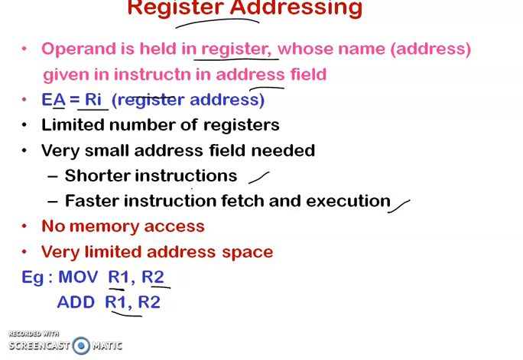Also, the address field is very small. Why is this address field small? Because it is a shorter instruction and the memory is not being used. A memory location is not necessary to be accessed.